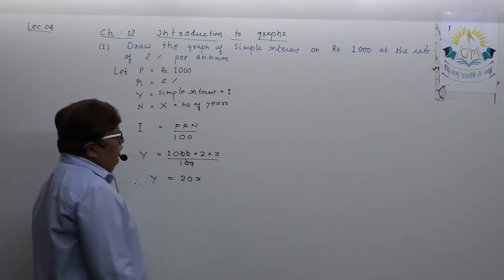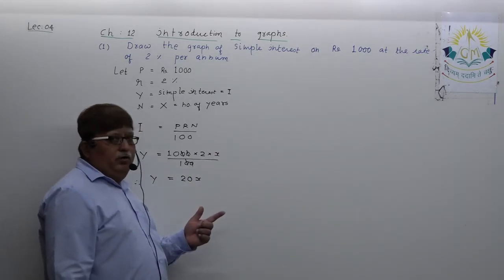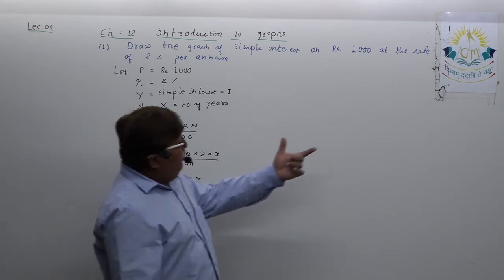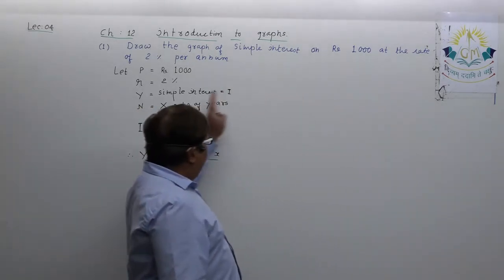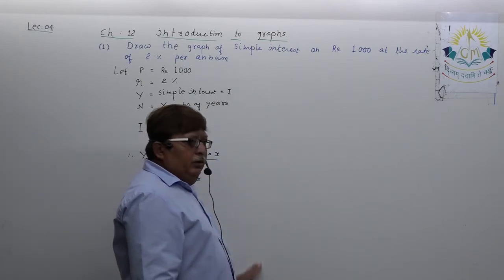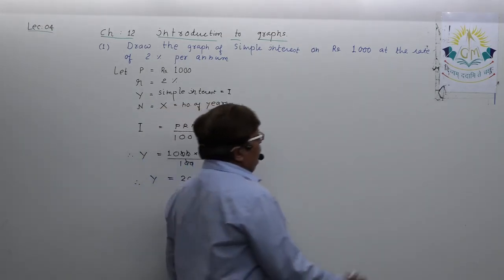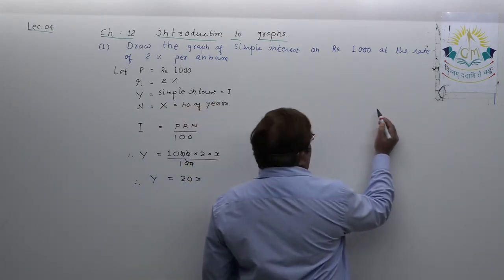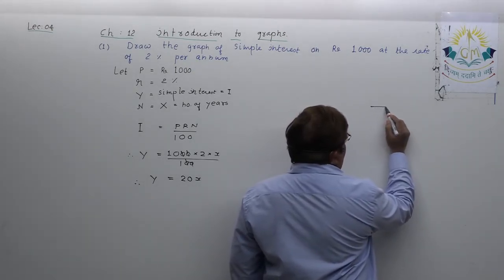And dear student, remember one thing. When I prepare the observation table, I will prepare it here inside, and then I will erase the data written here so that it will be more comfortable for me to write some big letters in drawing the graph. So I simply make the value table here.